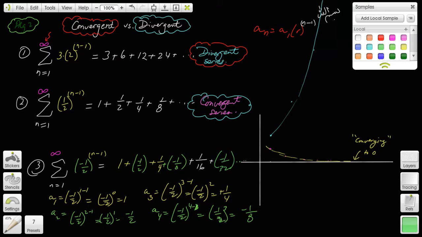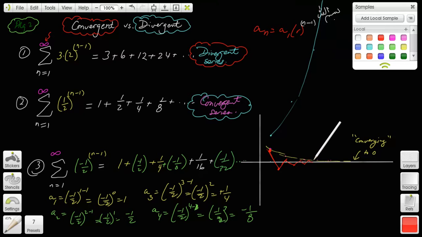Now this is an interesting series, because it starts out, let's say, at 1, and then it goes to negative 1/2, and then to positive 1/4, and negative 1/8. So it's going from here to here to here to here.